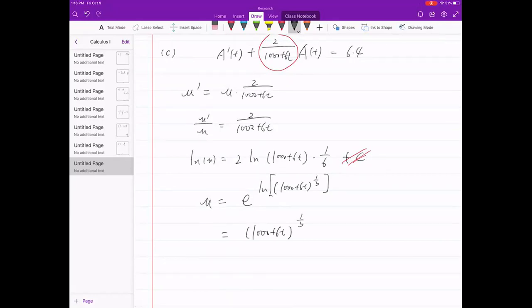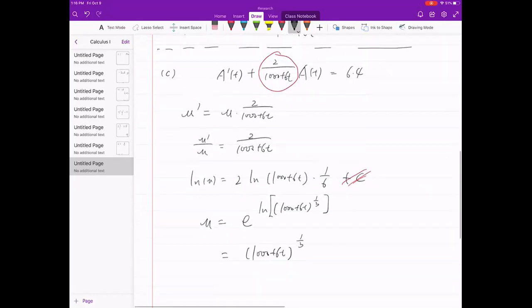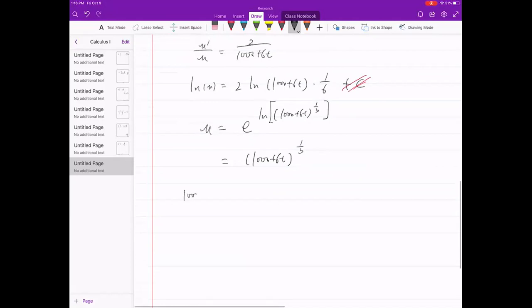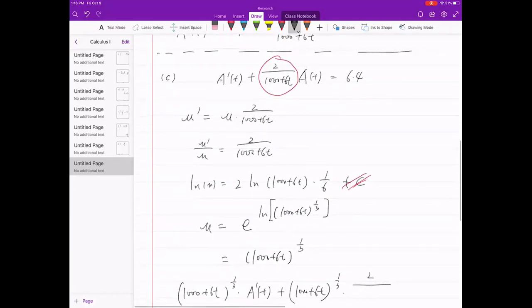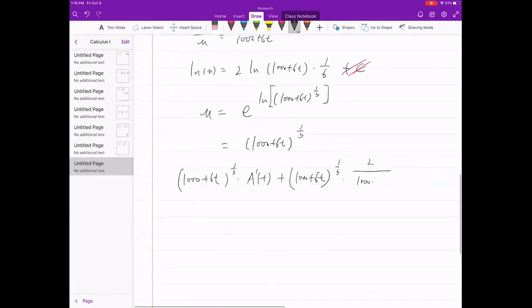Okay. Now with that in mind, we want to put it back into the original equation: (1000 plus 6t)^(1/3) times A prime of t, plus (1000 plus 6t)^(1/3) times 2 over (1000 plus 6t) times A, equals 6.4 times (1000 plus 6t)^(1/3).